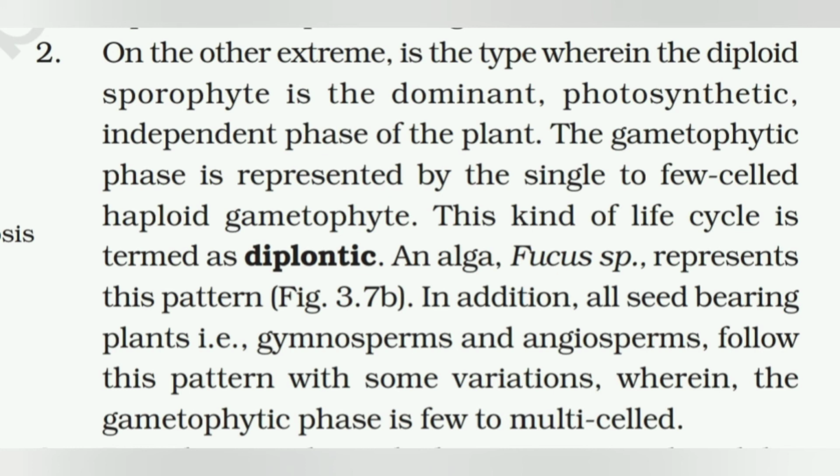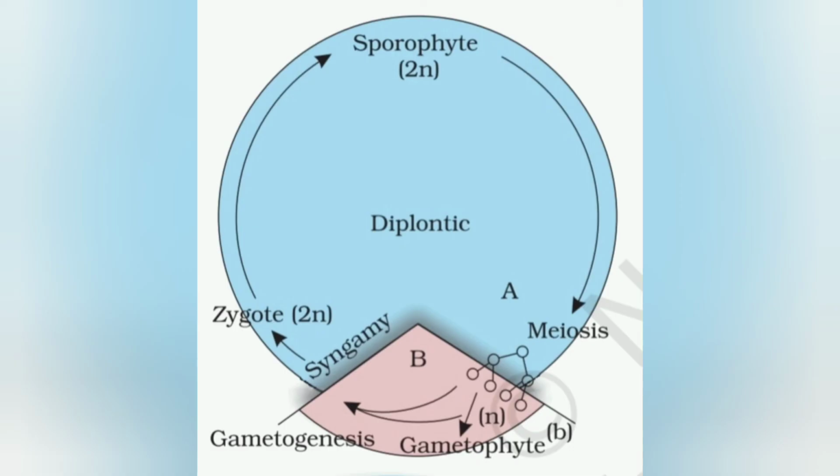In addition, all seed bearing plants, that is gymnosperms and angiosperms, follow this pattern, with some variations wherein some gymnosperms show multicellular gametophytes. Here in the cycle, we can see that the sporophyte diploid condition is the major condition of the life cycle, whereas the gametophytic is a very short-lived stage in such plants.